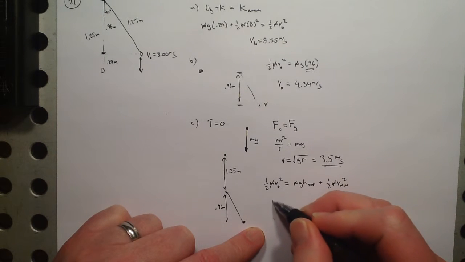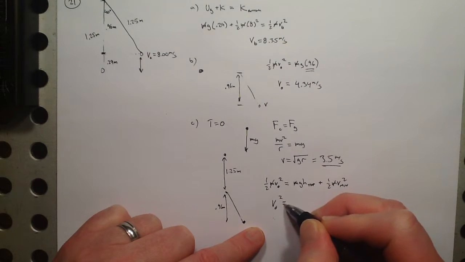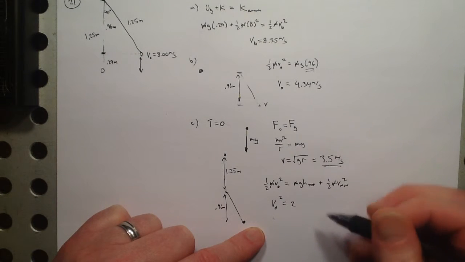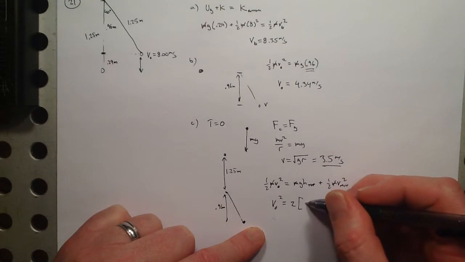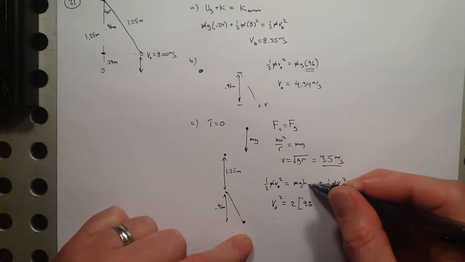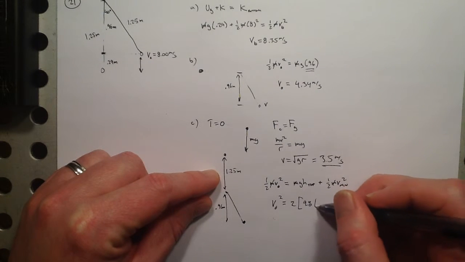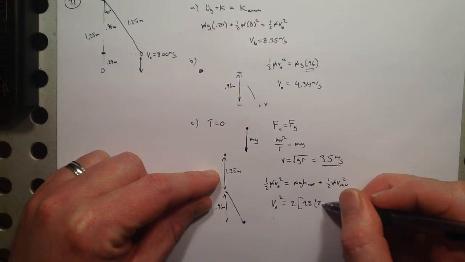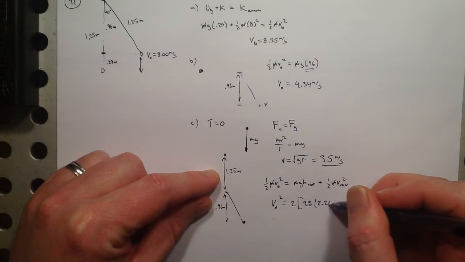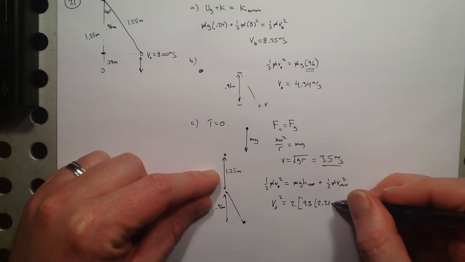So we've got v sub 0 squared is equal to 2 times g. The h at the top is the sum of those two, which will be, oh dear, what is that, 2.21? I hope that's right.